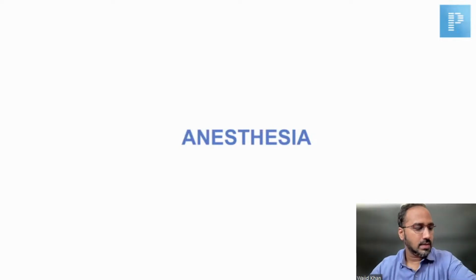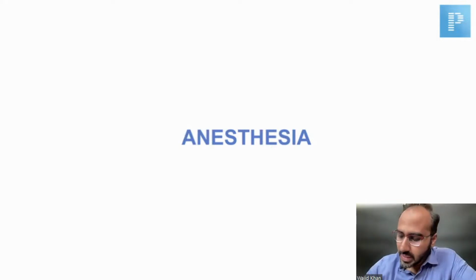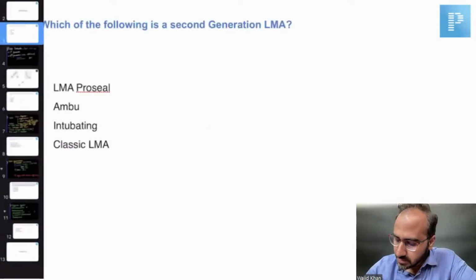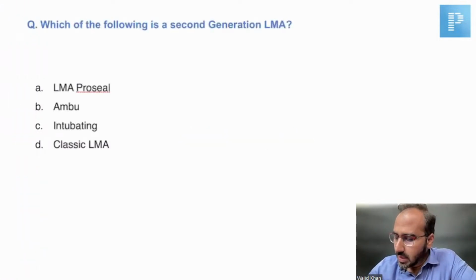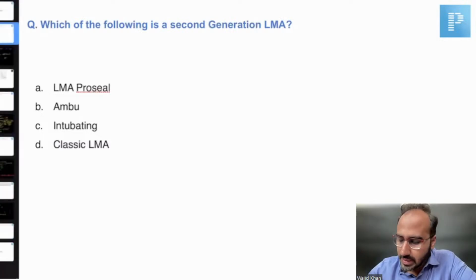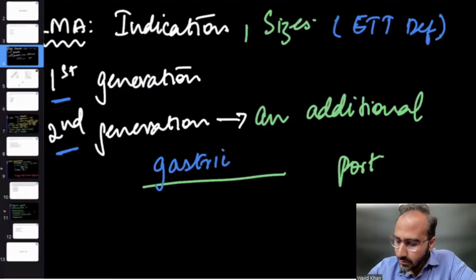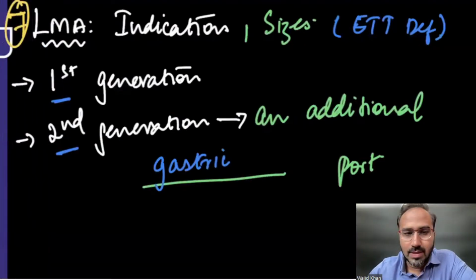Right. So, guys, starting with this first question, which of the following is a second generation LMA? Again, if we go back to the LRR of anesthesia of INI-CET, in that I have mentioned LMA, there are two types.